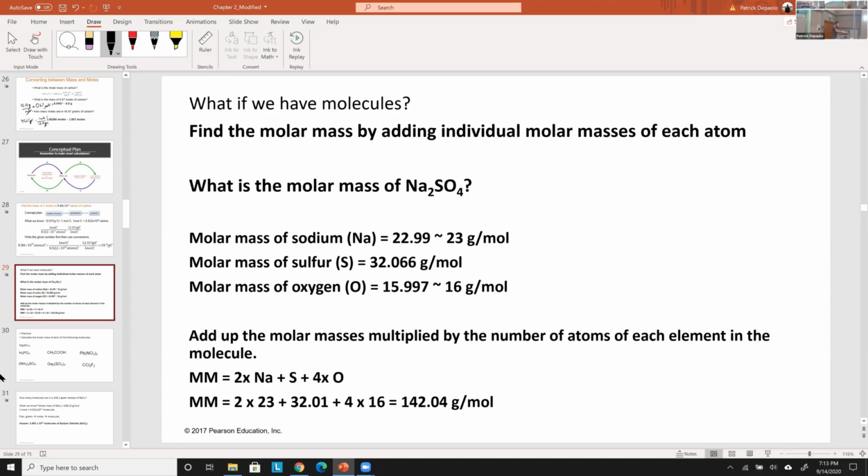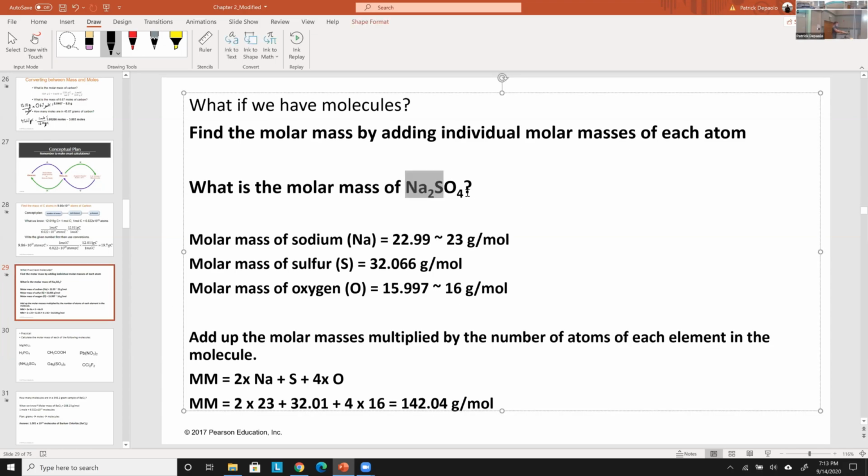Things like that. So to find the molar mass of a compound, like Na2SO4, which is sodium sulfate, you basically just add up the molar masses of all of the atoms involved in the compound, and you get your answer.